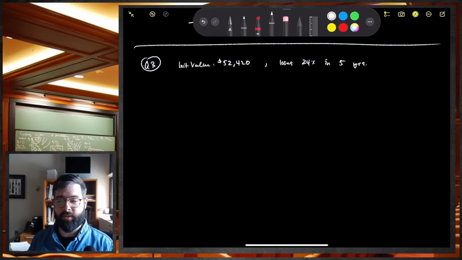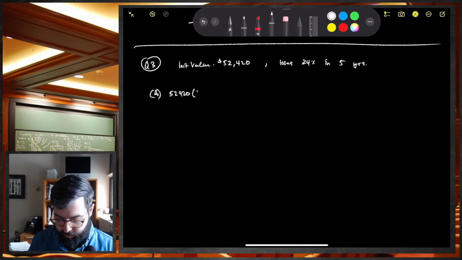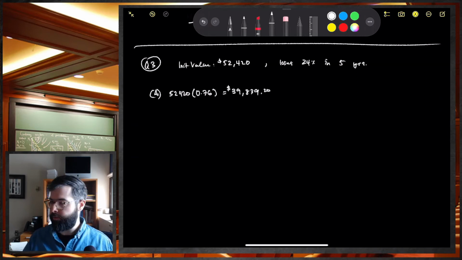So what is the car's value after 5 years? It's lost 24%, so one way you could think about this is that it's kept 76% of its value, and that should be $39,839.20, I believe. Let me double check that.